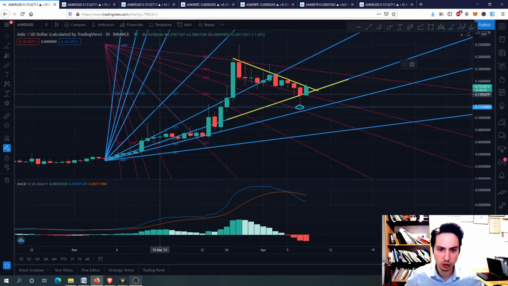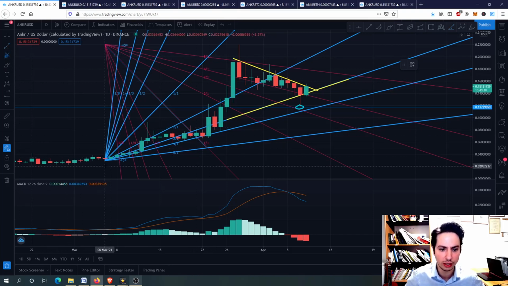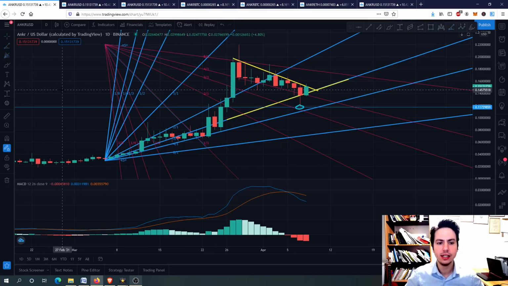You want it to be 45 degrees. And then you put 1 unit of price per 1 unit of time into the 45 degrees. When you use the Gann fan from your left on TradingView, you put it here, and the Gann fan can show you some major support and resistance levels for the trend line.